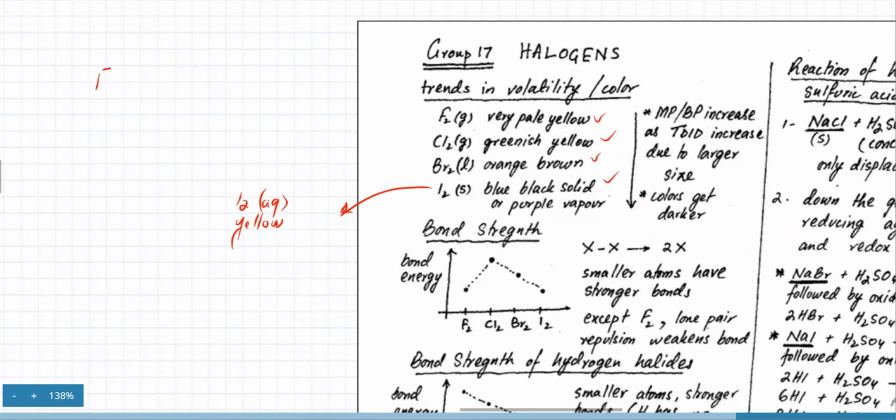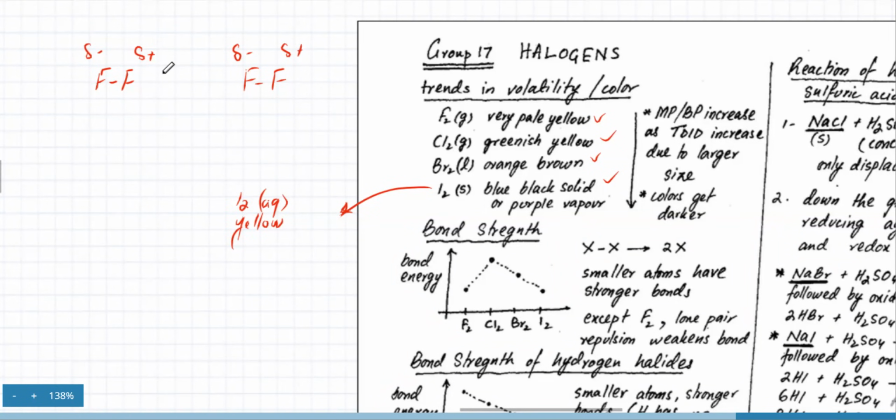For example, if you have a fluorine molecule and another fluorine molecule, they have temporary dipole induced dipoles. For random reasons, this side could become partial negative, this side could become partial positive. It could attract electrons from the other molecule, or a dipole could be induced on this molecule because of the first dipole.